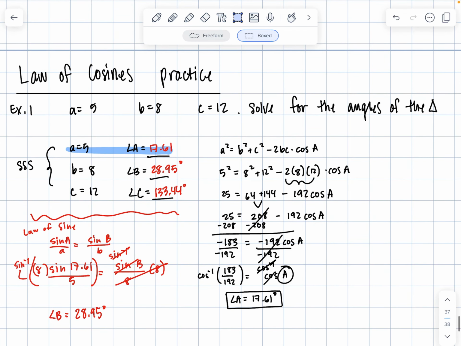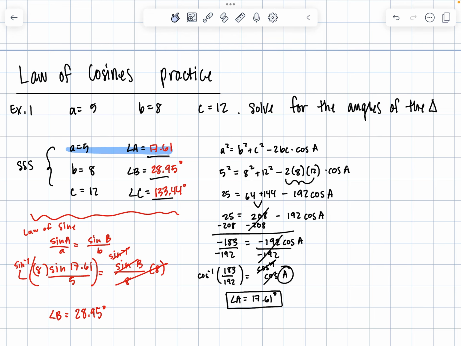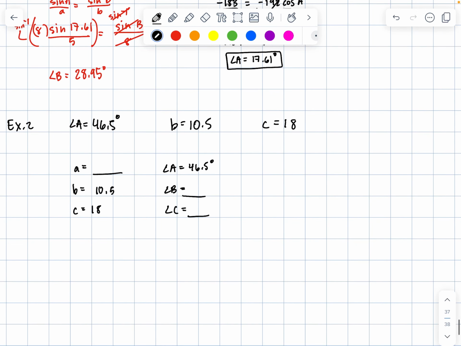Now, this particular case is different than the first one. The first one we were allowed to do whichever case we wanted because we had all of the sides. This case, if we drew this out, let me draw this out really quickly. Let's call this A, B, C. We have side B, which is 10.5.